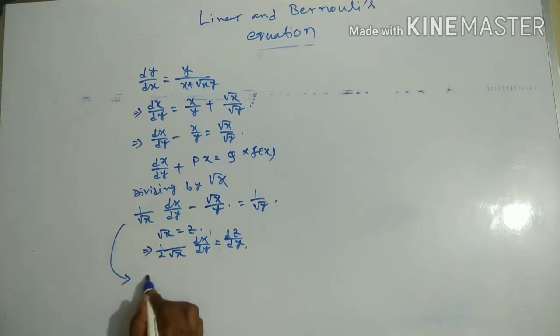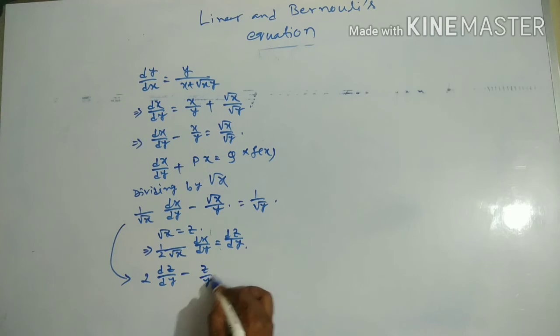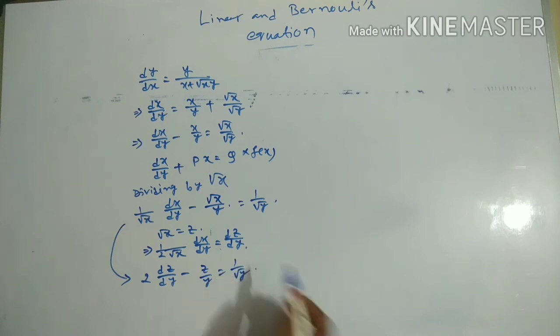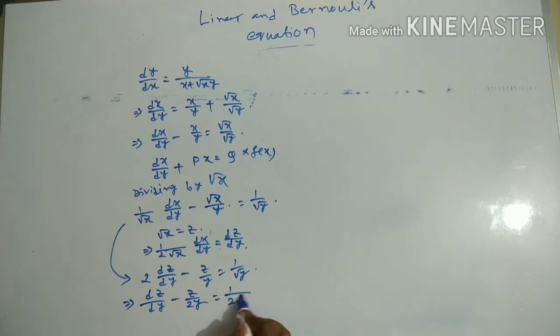So from this equation we can write 2 dz/dy minus z/y equal to 1/root y. Now this is not linear till now. If we divide this equation by this constant, then it will be linear. So dz/dy minus z/(2y) equal to 1/(2 root y). Now this is linear in y.